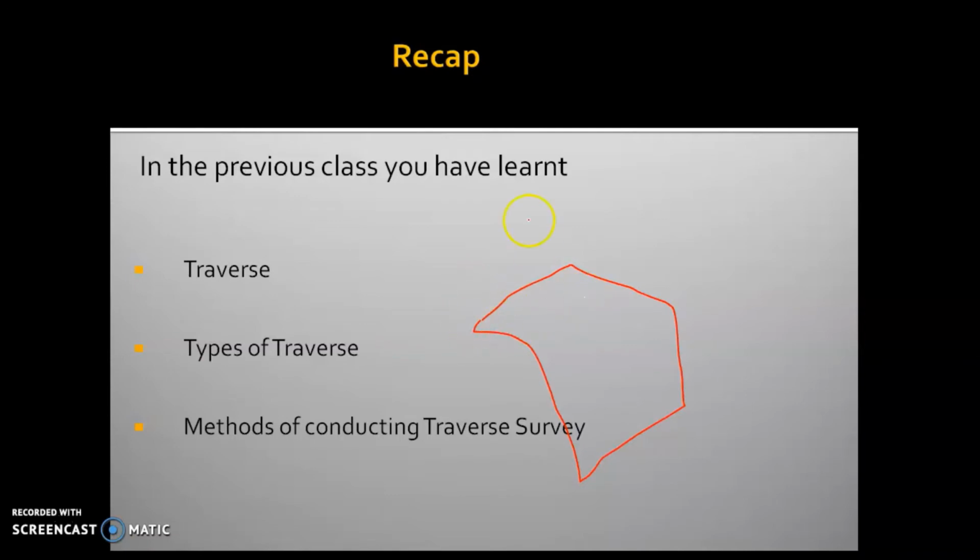Now, in this closed traverse, I forgot to take the length of this leg. I have taken bearings, I have chosen points A and B, like that I have run the closed traverse. In that, I have forgotten to take the length of this traverse leg. In those situations, how to calculate with reference to other bearings and lengths?